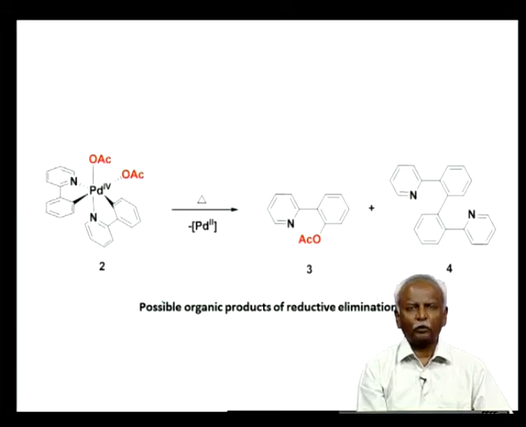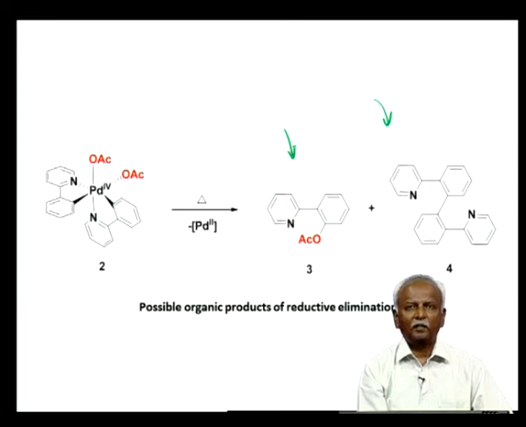If you heat this molecule, you now have the possibility of forming a carbon-carbon coupled product. You can have a carbon-carbon coupling happening, and that will give you this particular molecule where you have the two phenylpyridines coupled together, or you can have the acetoxy compound.